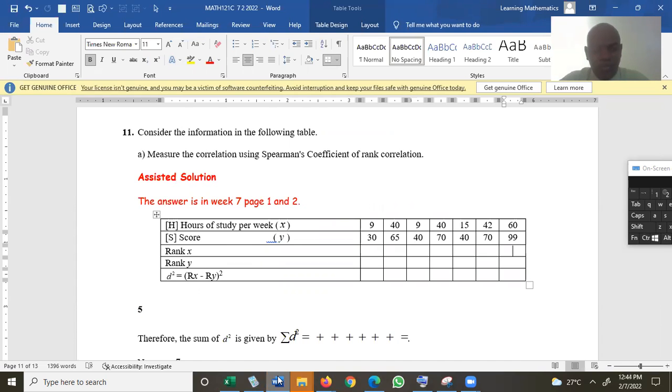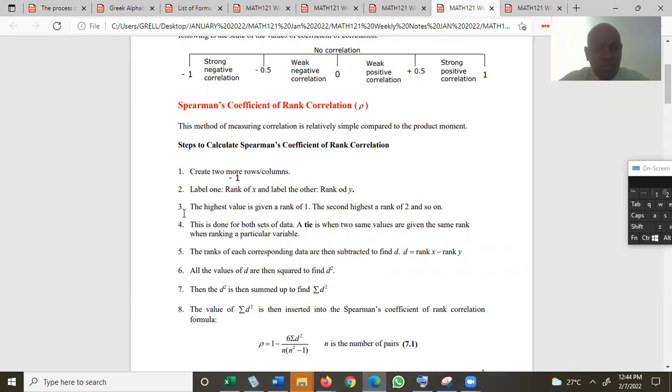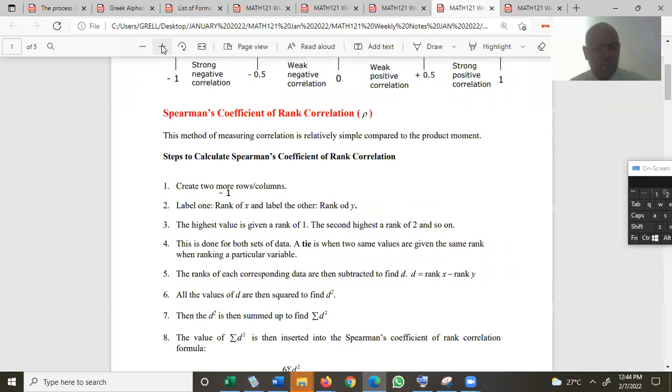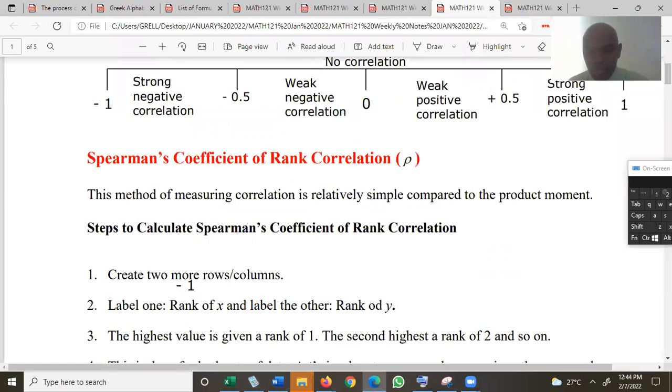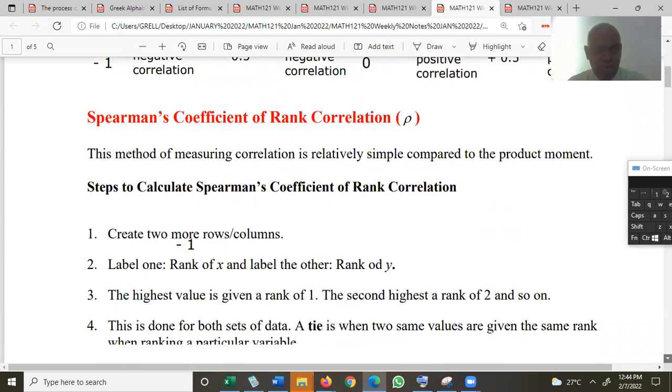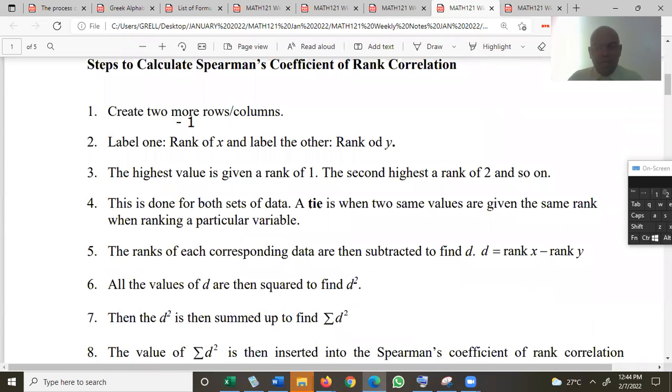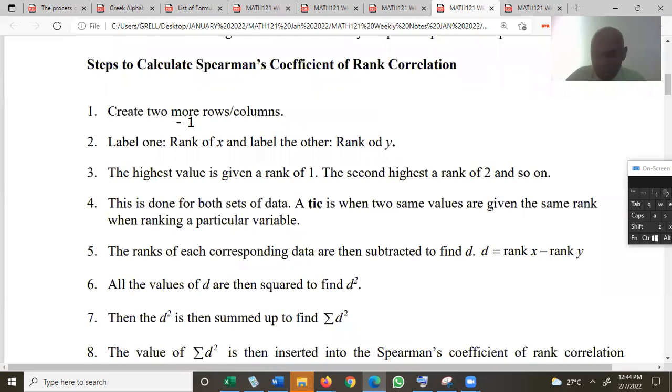Then we move on to the third and very important step. Please take note of this step. Let me put it bigger. It says the highest value, because it's actually showing you how to rank. Ranking is like giving a number, putting things in order.